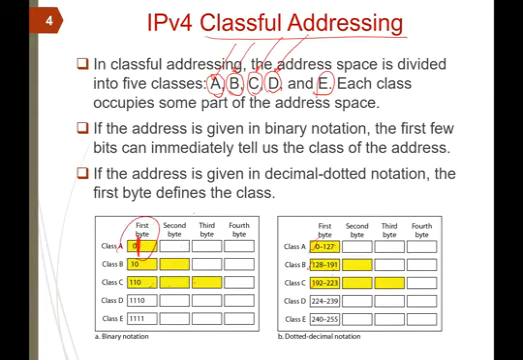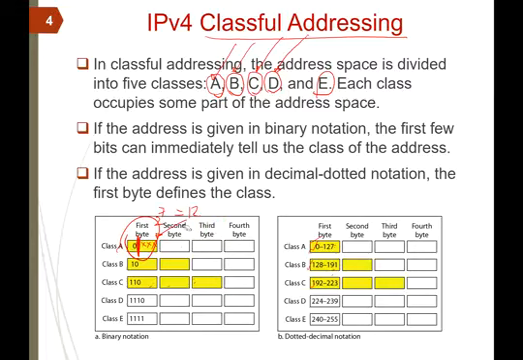Because this is 1 byte for network, 7 bits are left. 2 to the power 7 equals what? 128. So we can have 128 blocks, and each block can have 16 million hosts inside.